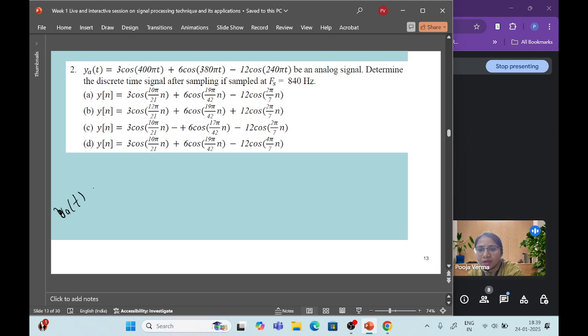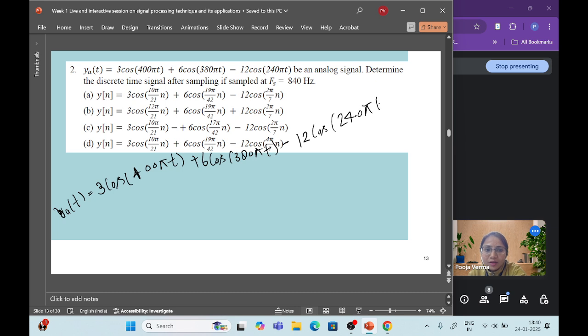This is y equal to 3 cos 400 pi t plus 6 cos 380 pi t minus 12 cos 240 pi t.